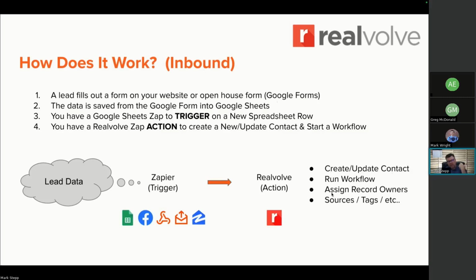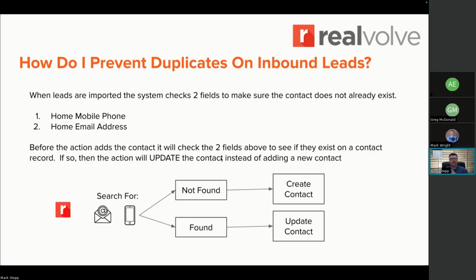It can make sure it's assigned to the right record owner whenever you're creating a new record. It can update the source: where did this lead come from? It can assign tags. There are other fields, and lots of information that can be filled in. We're going to cover all of that in this.